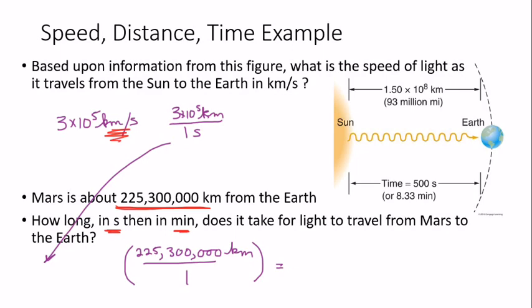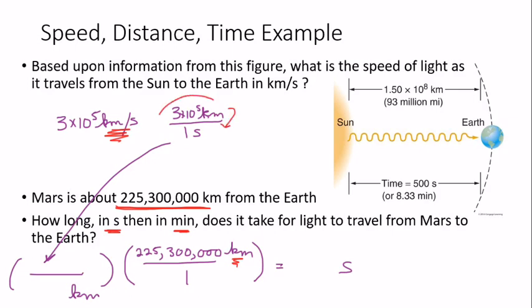And I'm trying to get to seconds. Does this make sense that if I want my kilometers to cancel, I'm going to have kilometers down here in the bottom of the first term? So this is a case where my kilometers needs to be in the bottom.